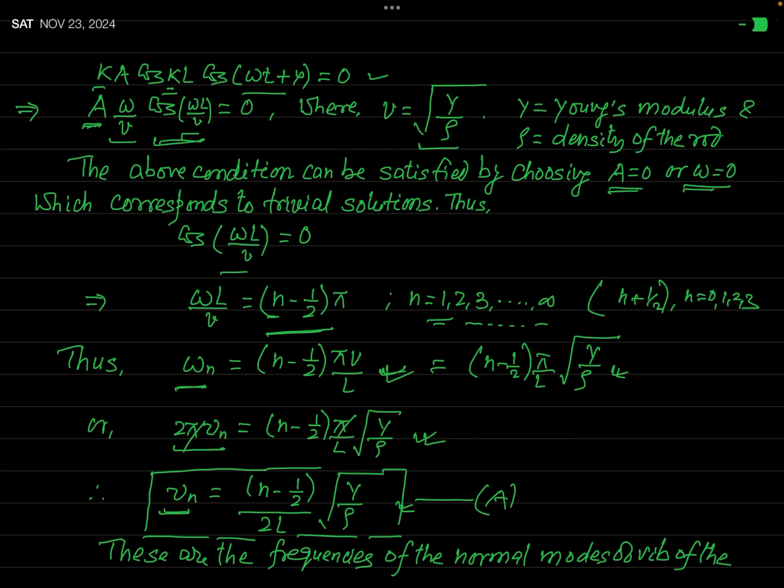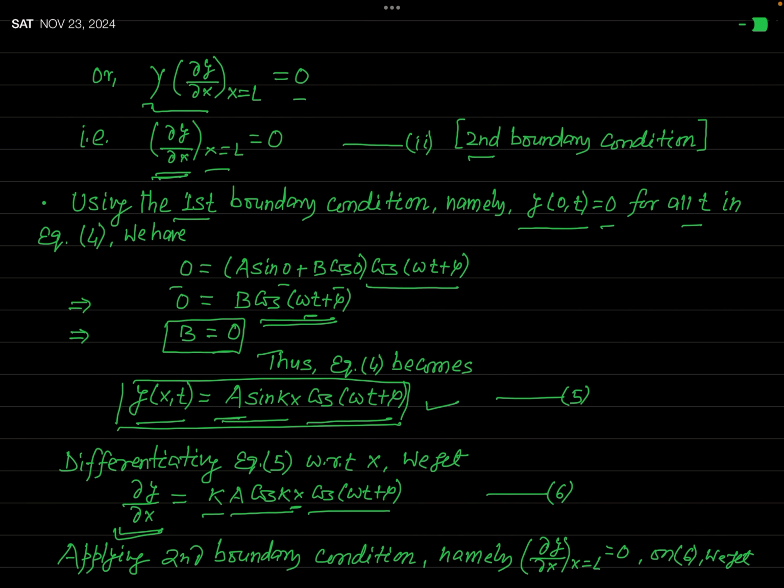Now, first of all, we will see what will be the displacement of the particles of the rod in this nth mode. And for this, we will use this equation number 5. And in this equation now, this y will be written as yn because we are going to find the displacement of the particles of the rod in the nth mode. A will be written as An, k will be written as kn, omega will be written as omega n, and phi will be written as phi n.